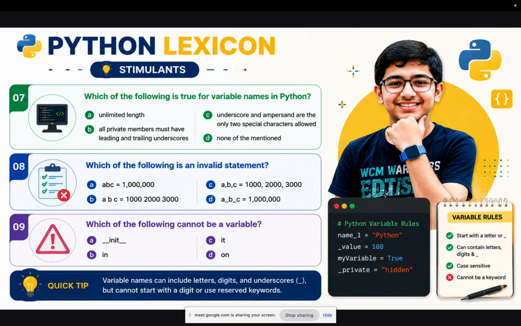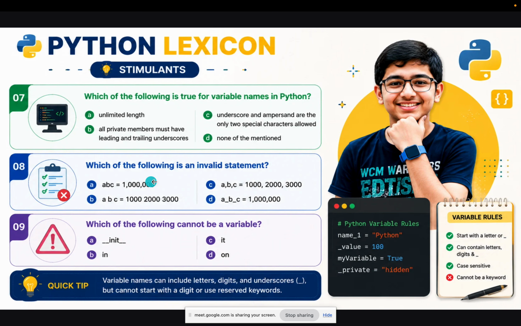Unlimited length. Here, underscore is allowed, but ampersand is not allowed. Ampersand is considered a special character, but underscore is fine. And for all private members, leading and trailing underscore is fine. So the answer is unlimited length.